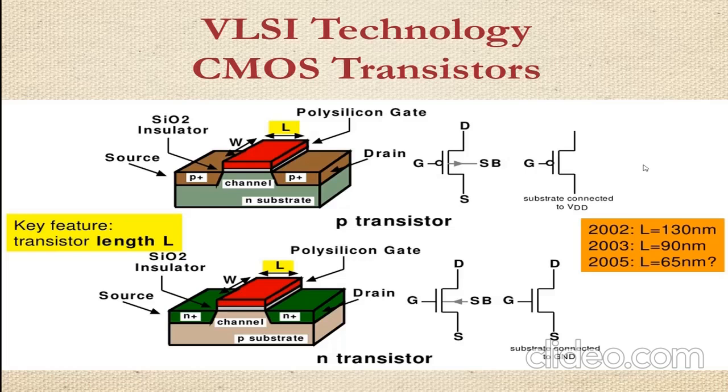Here we can see the two types of transistors, or MOSFETs, that is the P MOSFET and the N MOSFET, and using these the chips are fabricated. This is the basic unit of any chip.